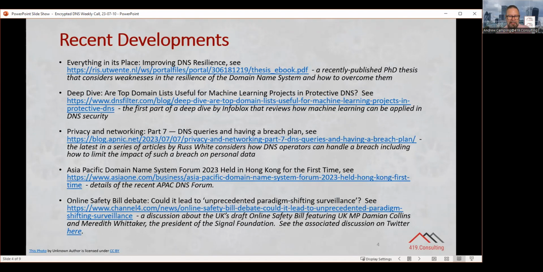And various other things, including at the bottom an interesting discussion on the UK Online Safety Bill, at least for those of us that have an interest in policy matters.